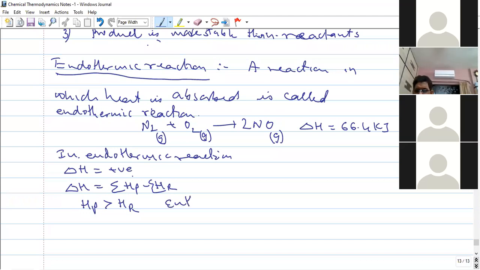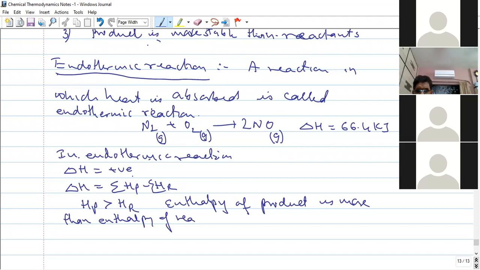Enthalpy of product is more than enthalpy of reactant. तो who is stable here? बोलो, प्रोडक्ट स्टेबल है कि रिएक्टेंट स्टेबल है? Who is stable?